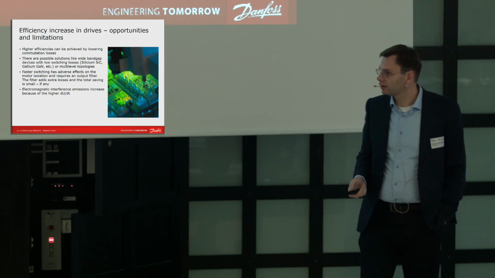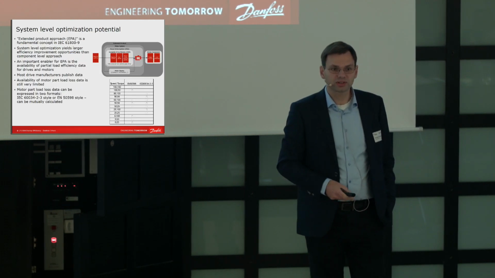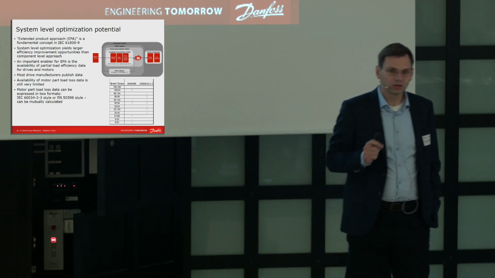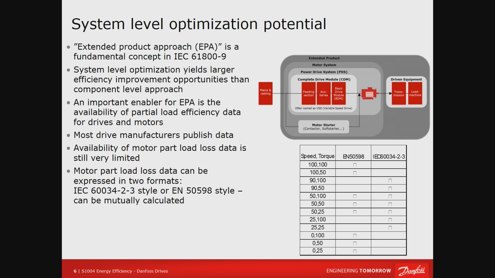But then, how to increase efficiency? I think we have the answer in looking at efficiency at system level. We also had a presentation this morning where, to quote exactly, Mr. Richard Phillips said that with a system approach, the efficiency improvements can be increased by a factor of 10. And I couldn't agree more.